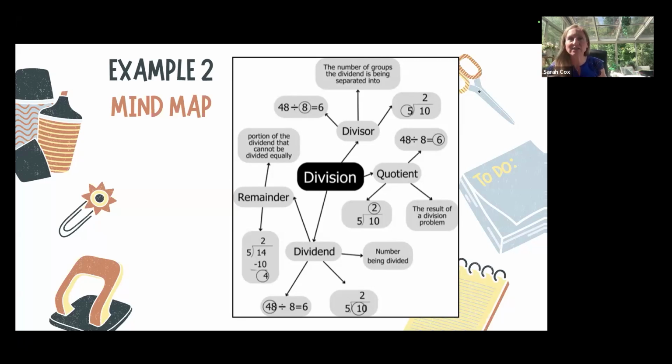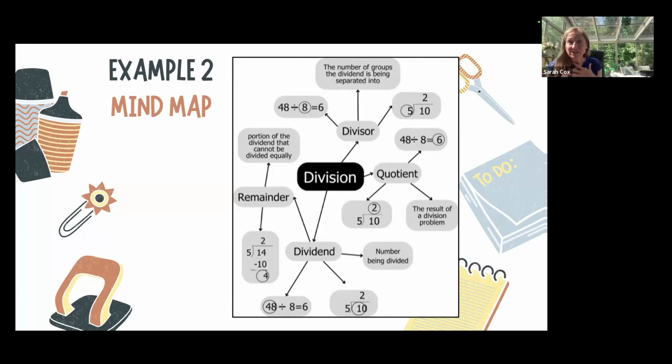I had different color highlighters and he was circling, and all of the divisors were one color, all of our quotients were a different color, all of our dividends were a different color, and the remainder was a different color. And then we added this link between the dividend and the remainder, because the remainder is part of the concept of our dividend, because it's that portion of the dividend that cannot be divided equally.